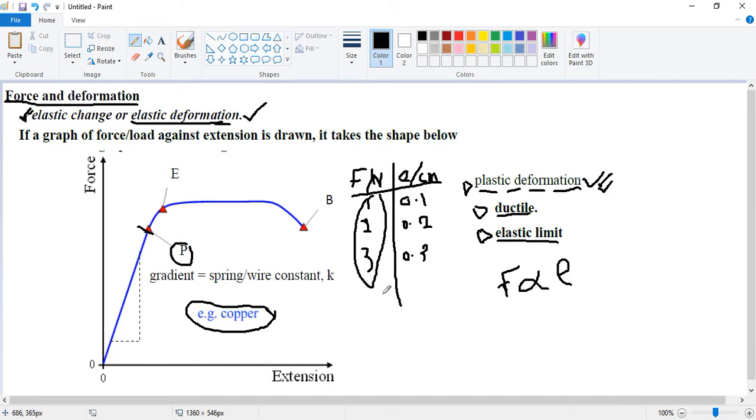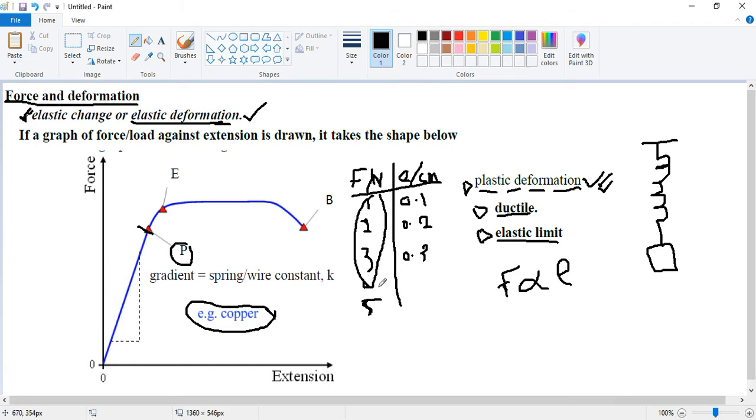So when you continue adding loads onto the wire, onto the material, maybe it was a spring, I always prefer to use a spring. So you were adding masses, adding loads to the spring. If you continue adding loads, there is a point where you have added a very big load, maybe you are adding the fifth newton, to get 5 newtons. You notice that the pattern of the extension is not as it was before.